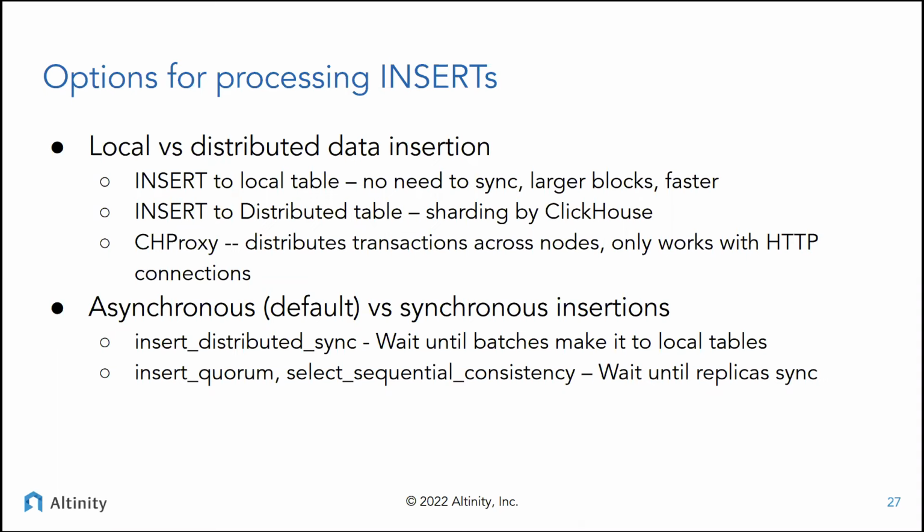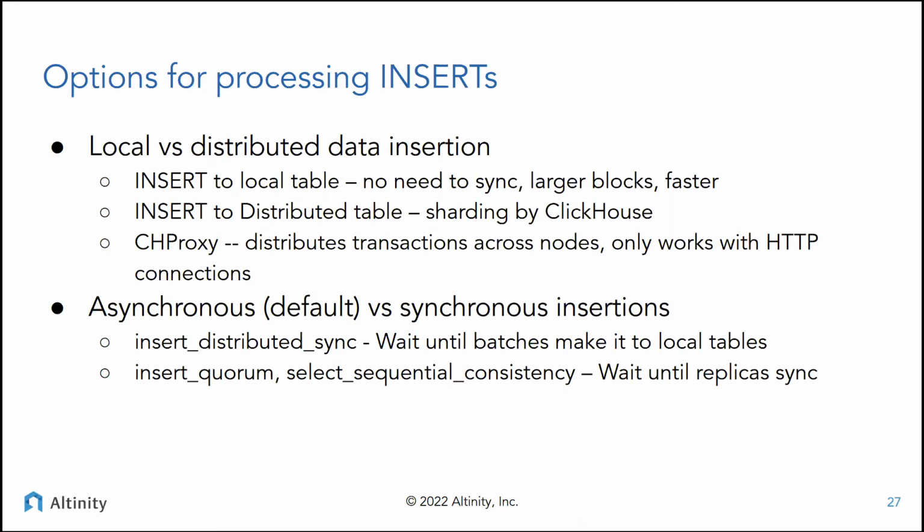And then the asynchronous versus synchronous insertions that you get in this model. I've talked about insert_distributed_sync, where you're going to a distributed table. The second thing is ClickHouse also has a setting for ZooKeeper or ClickHouse Keeper called insert_quorum, as well as select_sequential_consistency.